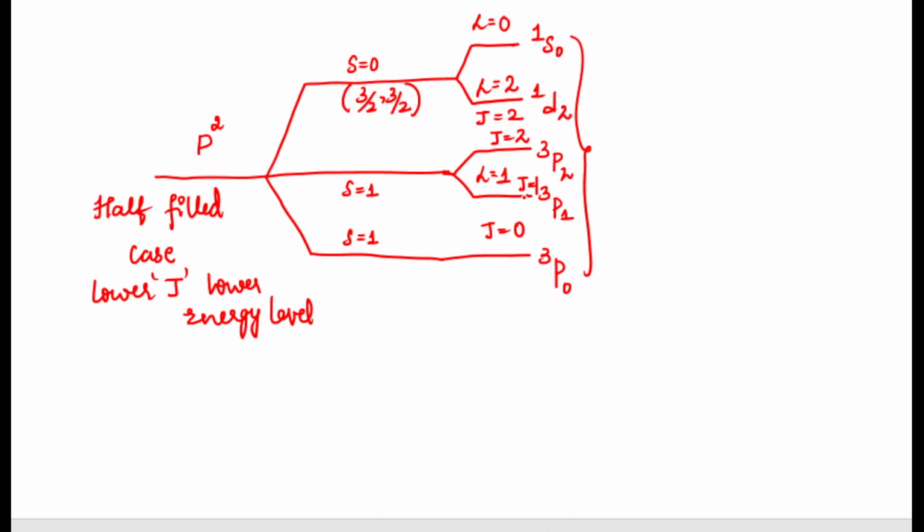For 1 and 2 j values, we have the combinations, that is 1/2 and 3/2. And the remaining is the last, that is j value equal to 0, and we have the combinations to be 1/2 and 1/2. I hope it is very clear to you how I have split the electronic configuration with respect to LS coupling. And I hope everyone understood this concept very clearly.